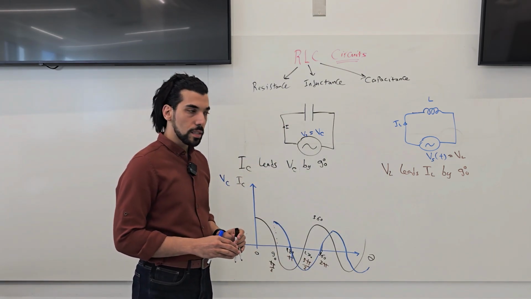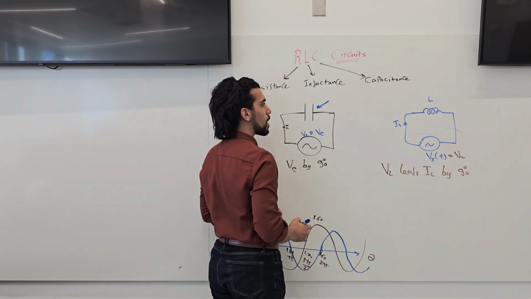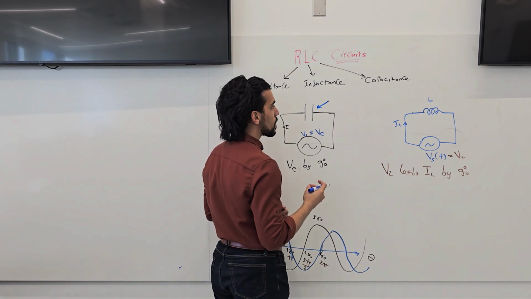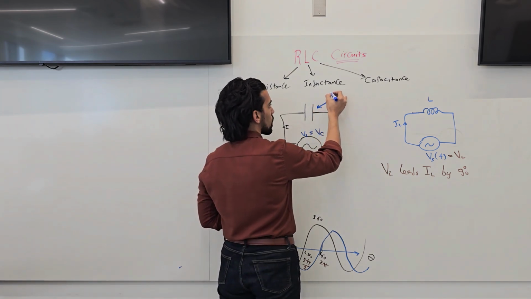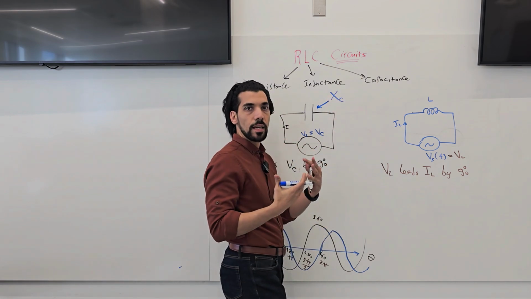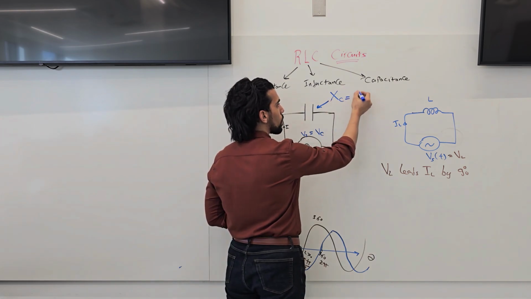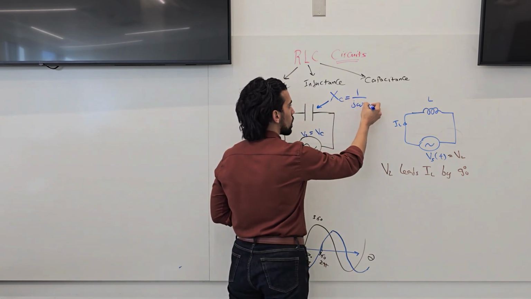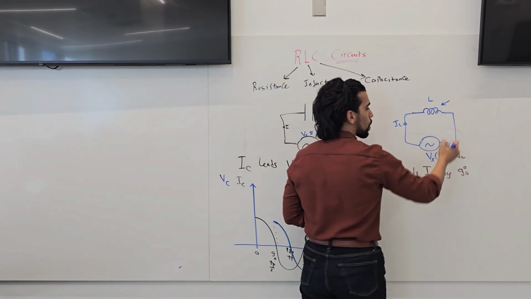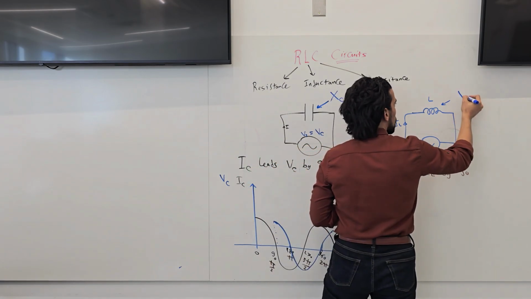And inside the circuit, if you have AC, the capacitor itself, we call it capacitive reactance. And we call it XC, which is something like a representation of a resistance. And this XC is equal to 1 over j omega C. And the inductor, we call it an inductive reactance. And we call it XL.